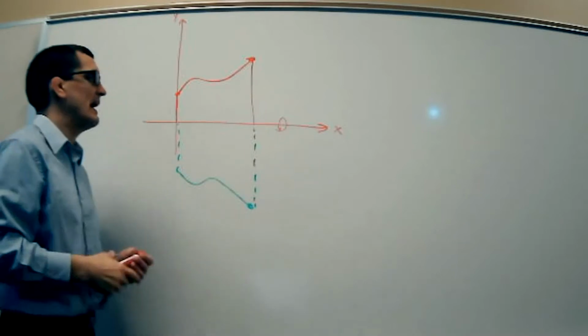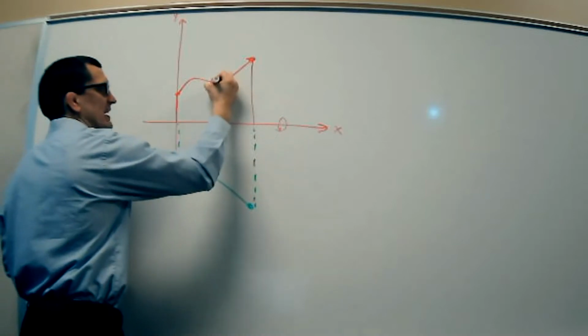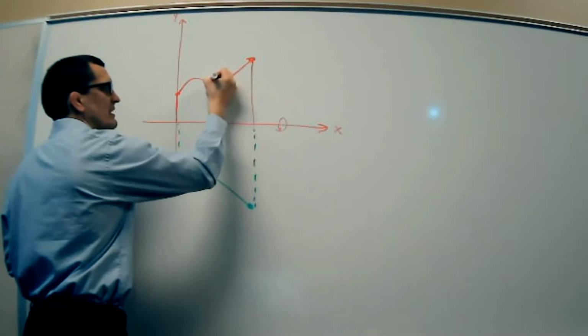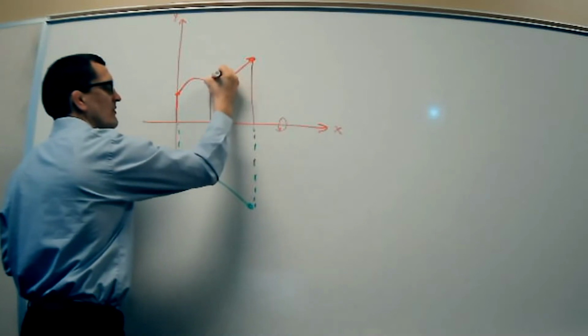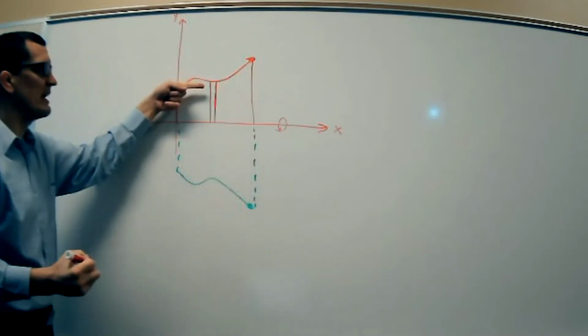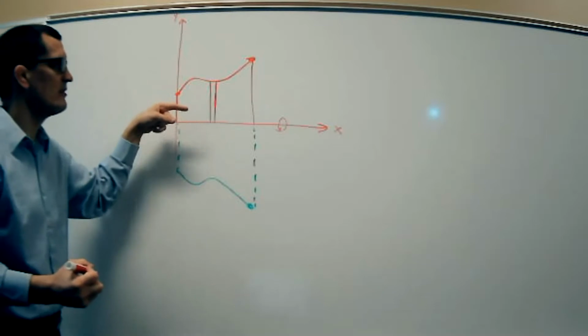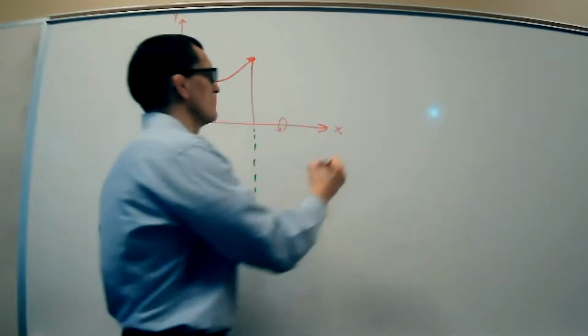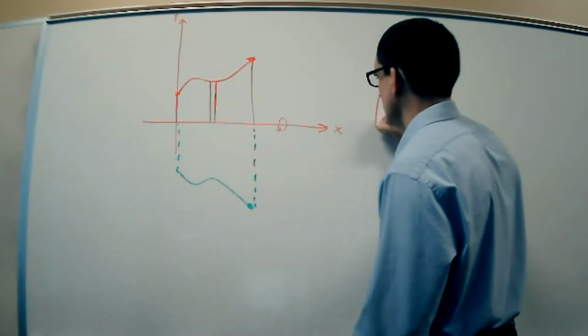Now, what's actually happening mathematically is that we're breaking up this area into a bunch of tiny rectangles. So there's a rectangle. And then each rectangle is going to be rotated around. When you rotate that rectangle around, what you're doing is you're creating a disk.